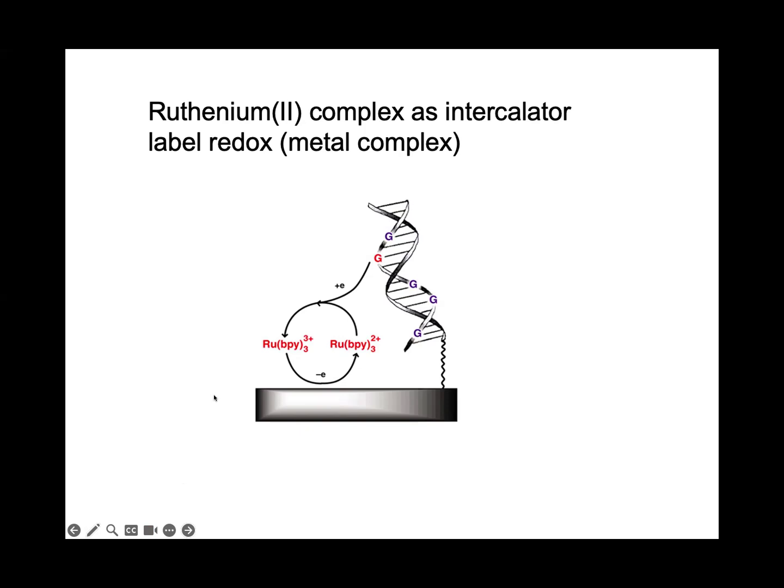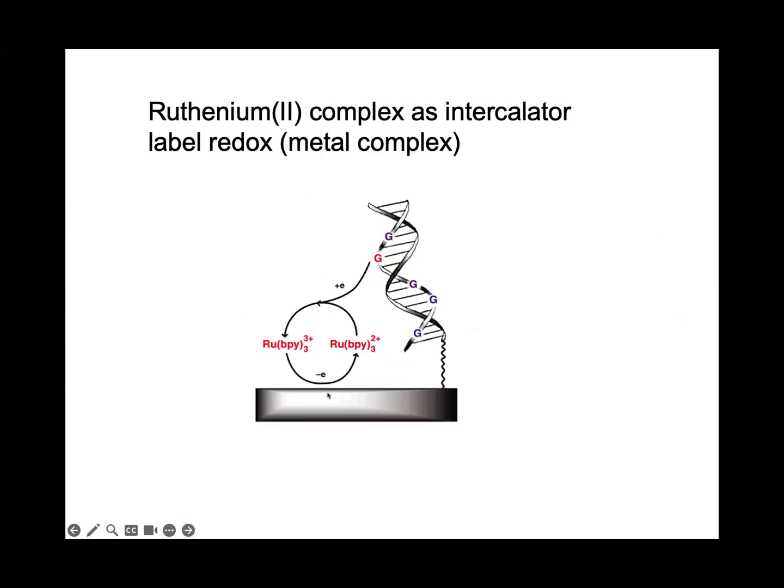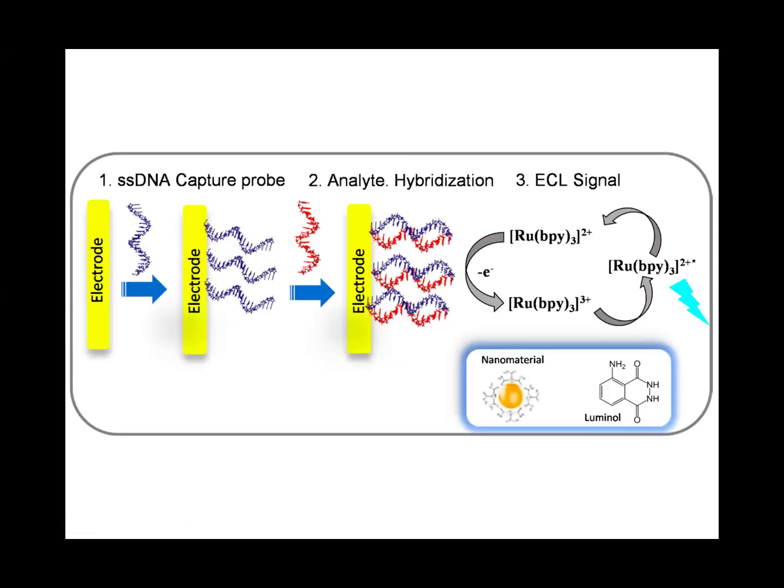So they will become label. So the DNA now has become electrochemically active. So this is another example of metal complexes. Just now is a ruthenium complex. Yes, this is also another ruthenium complex, but with a different ligand.